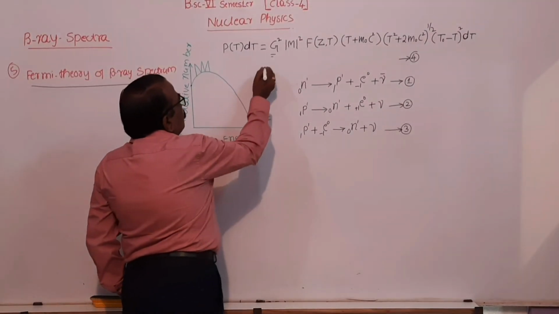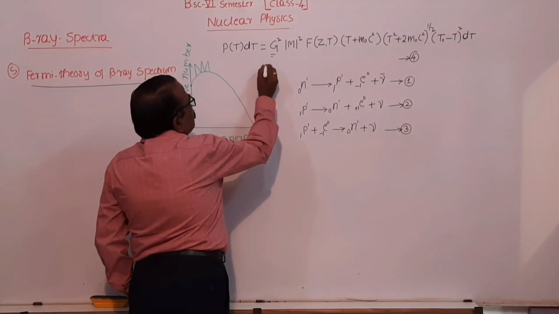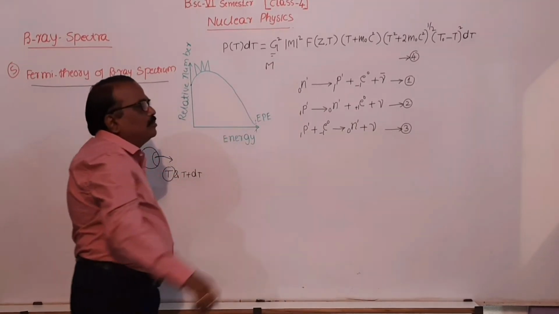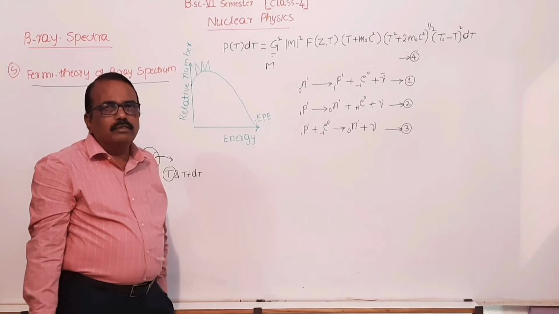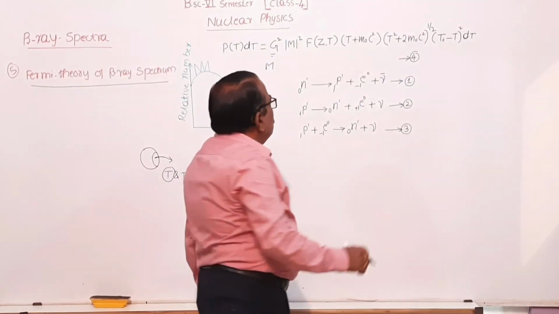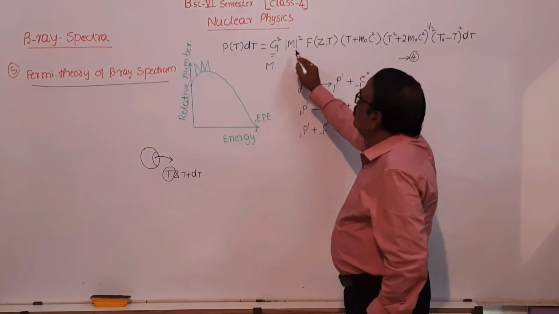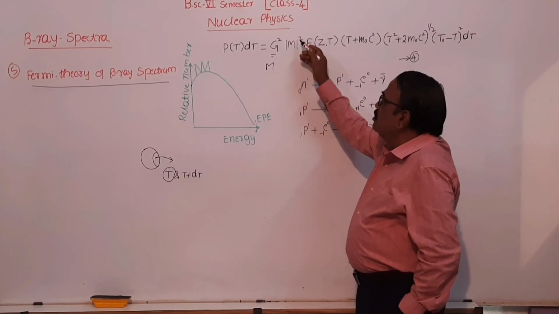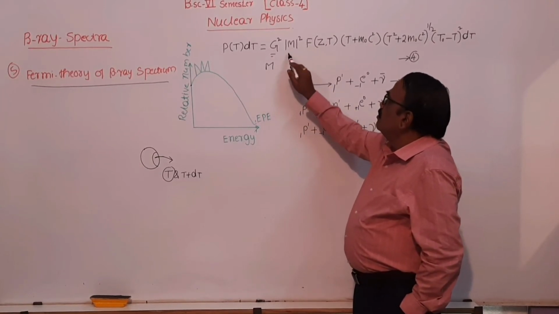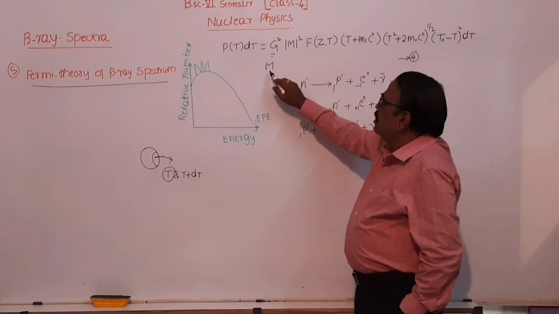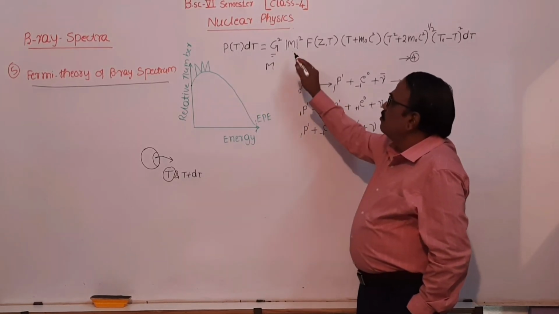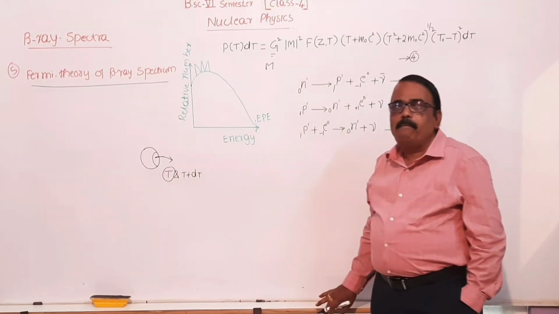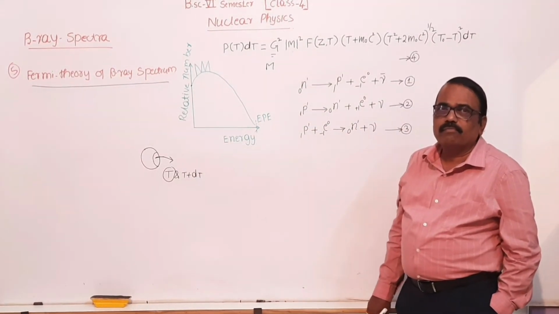Then M is the absolute square of the absolute magnitude of a wave mechanical quantity, called the matrix element.